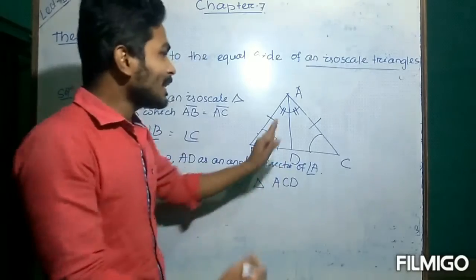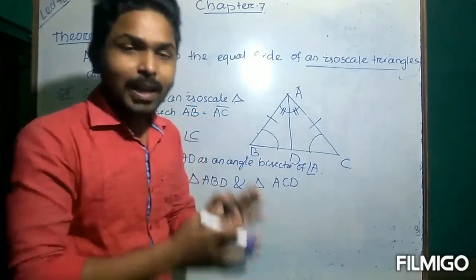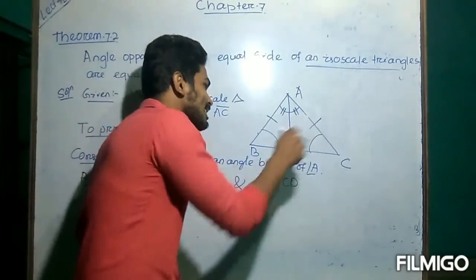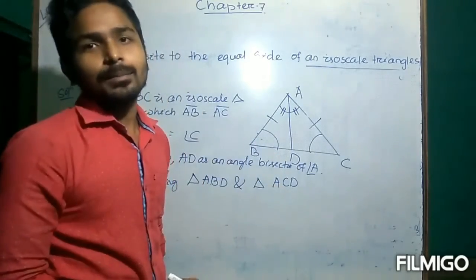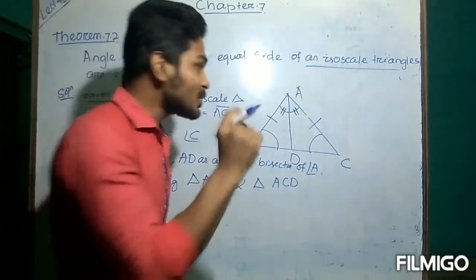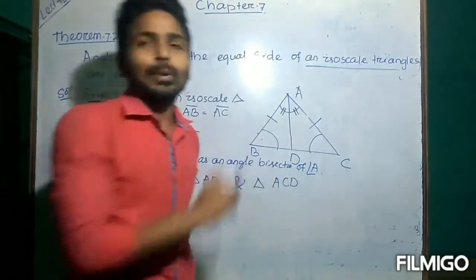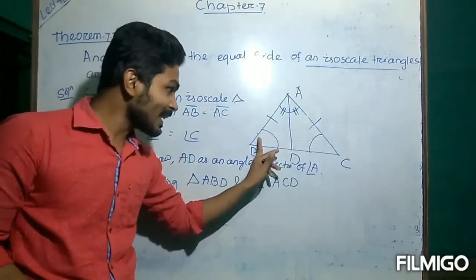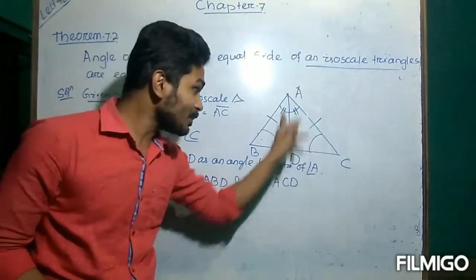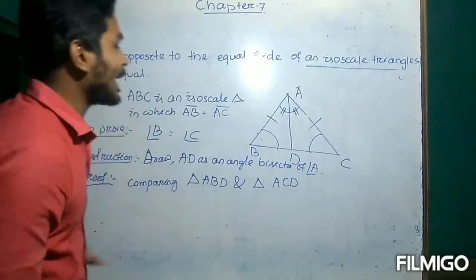If we can prove that these two triangles are congruent, then their corresponding parts must be equal. So our ultimate goal is to prove that these two triangles are congruent. Then you can say yes, this angle of this triangle is equal to this angle of this triangle. So let us prove that.